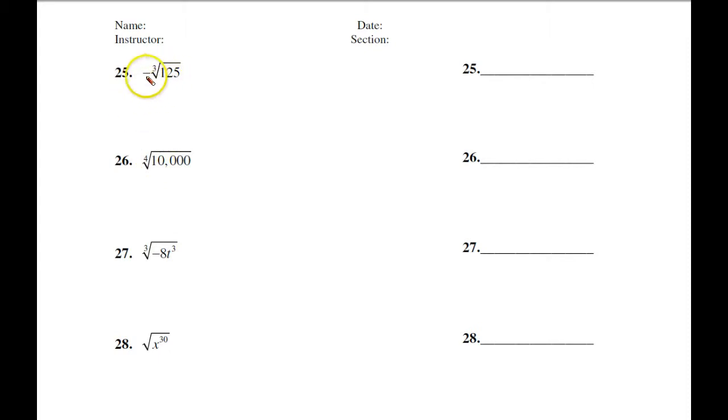And what we see here now, again, the negative is there because it's outside the radical. And then the third root of this is 5. This is the fourth root. And the fourth root of 10,000 is 10. Because 10 to the fourth would be that.